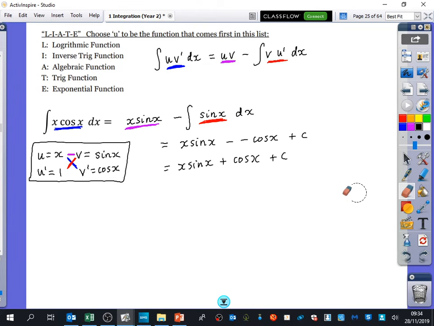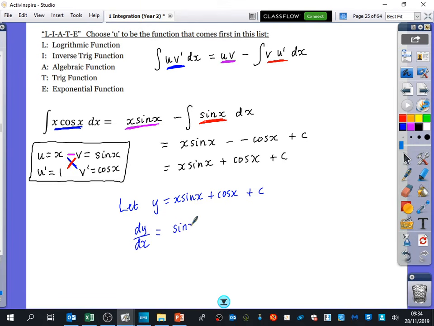Let's just actually check. It's quite nice to see if we differentiate this that it actually works. So let y equal x sine x plus cos x plus c. Let's differentiate it to see what we get. See if we can do x sine x differentiated using the product rule. Let's try and do it without writing down u and v. Let's differentiate this and keep this the same.